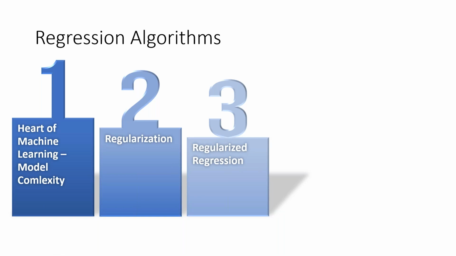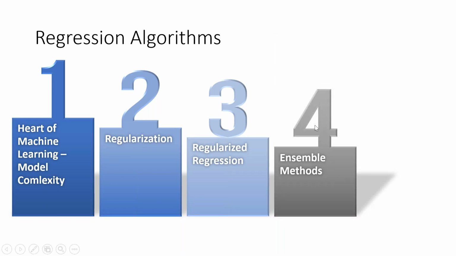Then tree-based algorithms are there. Tree-based algorithms are used to fight against this model complexity, and we will apply ensemble methods. Ensemble methods, when we talk about bagging and boosting, are techniques of grouping many trees into a group of trees and achieving some benefits.